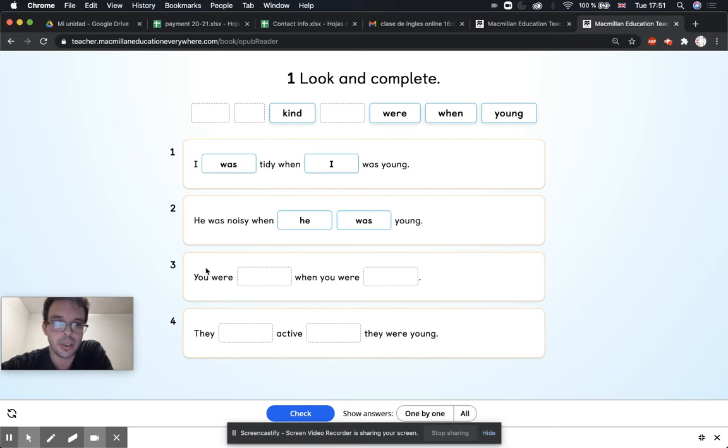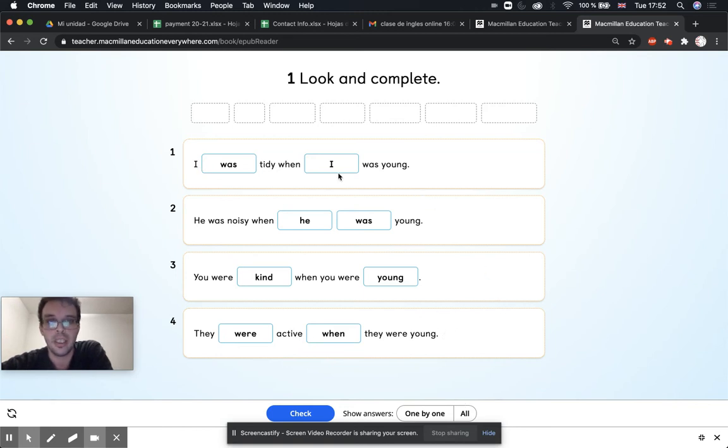Let's look at the third one. You were, now we need an adjective to describe. You were kind when you were joven, when you were young. Good. And the last one, they were active when quiere decir cuando, when they were young.